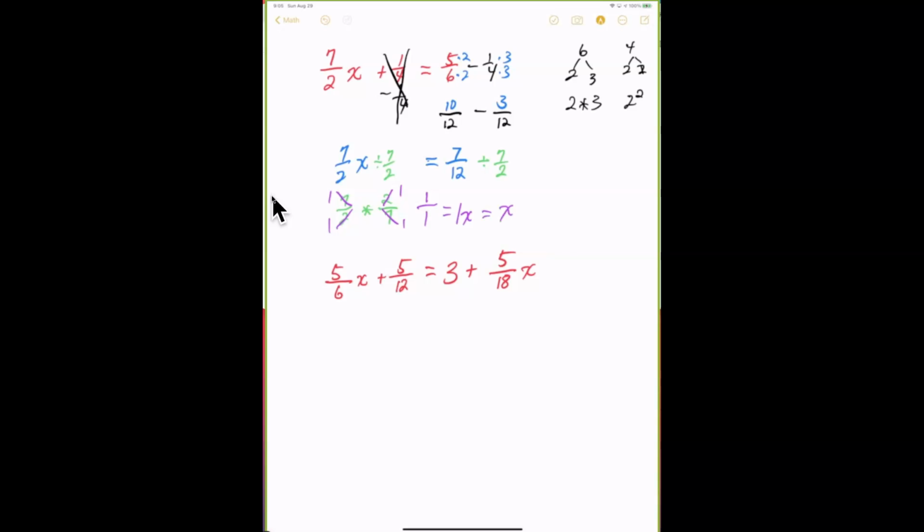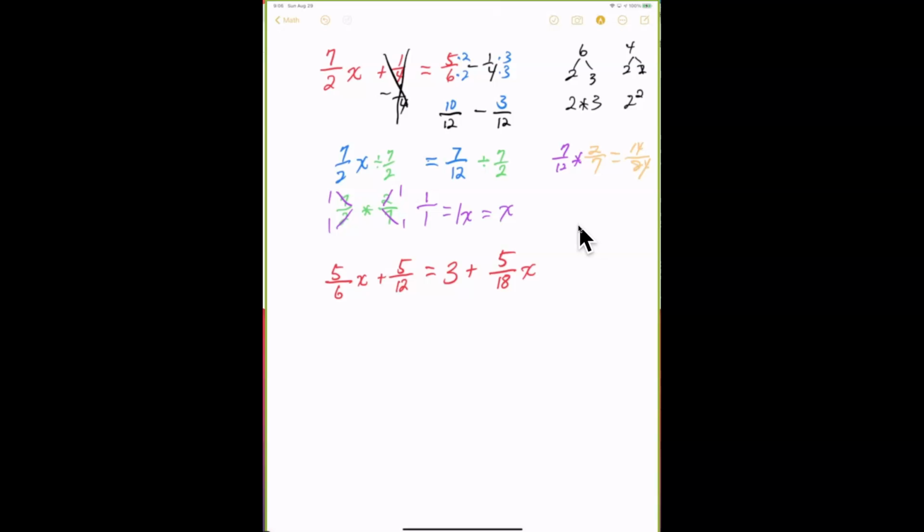All right. So on the other side, we have 7 over 12 divided by 7 halves. So let's rewrite that here. We've got 7 over 12 times the inverse of 7 halves, which is, oops, so I'm going to change my color, 2 over 7. All right, and then we just multiply this out like regular fraction multiplication. That gives us 7 times 2 is 14. 12 times 7 is 84.